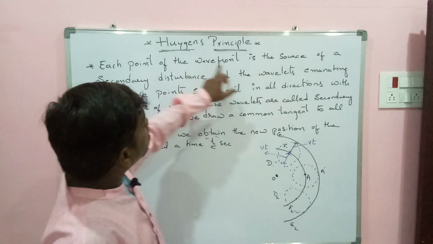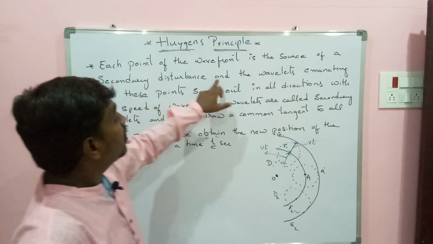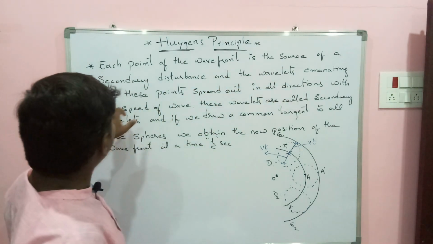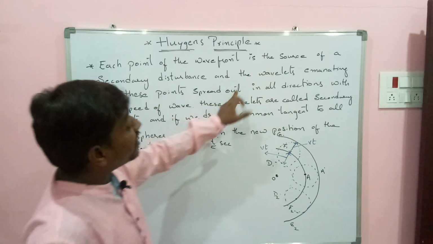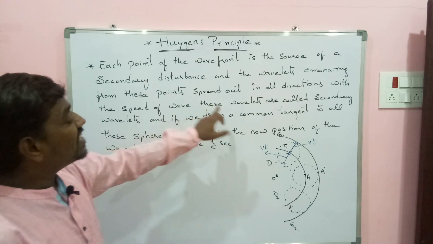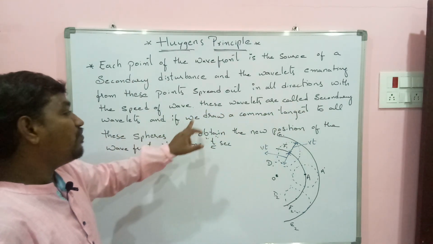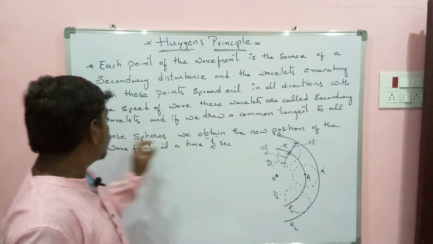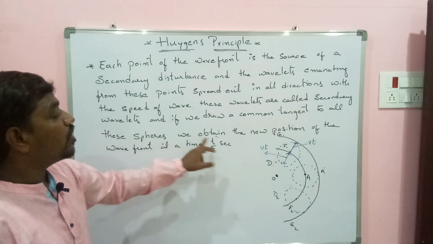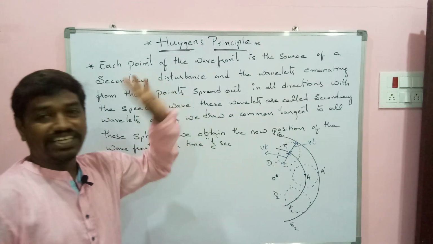Each point on the wavefront is a source of secondary disturbance, and the wavelets emanating from these points spread out in all directions with the speed of the wave. These wavelets are called secondary wavelets, and if we draw a common tangent to all these spheres, we obtain the new position of the wavefront at a time t seconds.